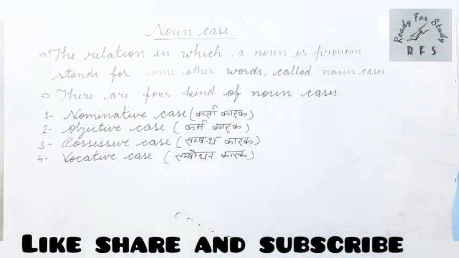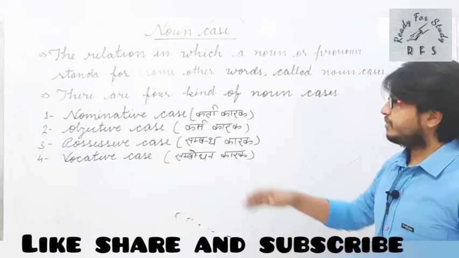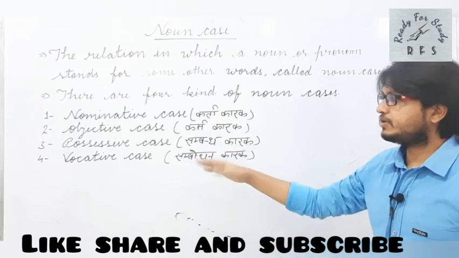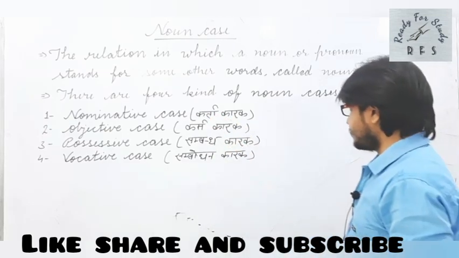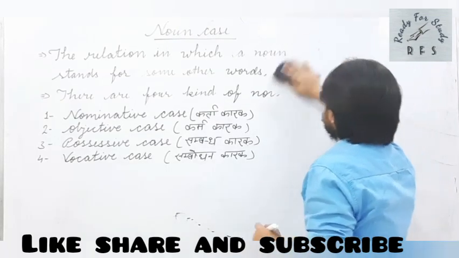Okay, that's all. Let's see one by one what is a nominative case, what is an objective case, what is a possessive case, or what is a vocative case. Okay, at first let me erase it.